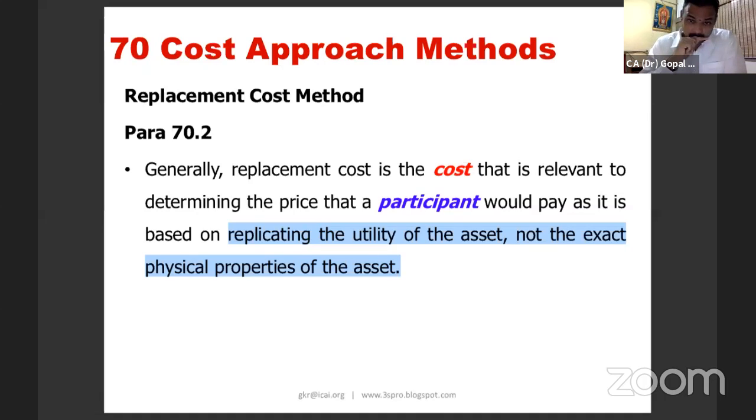Now friends, I was referring to Sholay at the beginning. And the same Sholay, if it is remade today, replacement cost, replicating Sholay today, can I make it? It is difficult. Sholay, the original, is Sholay.